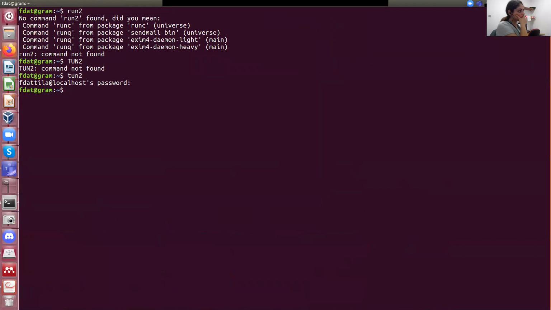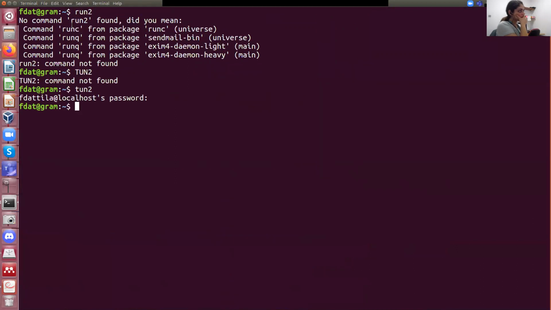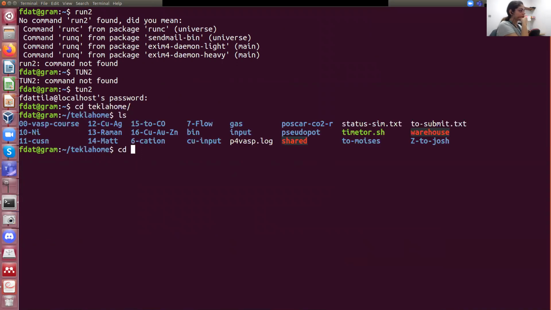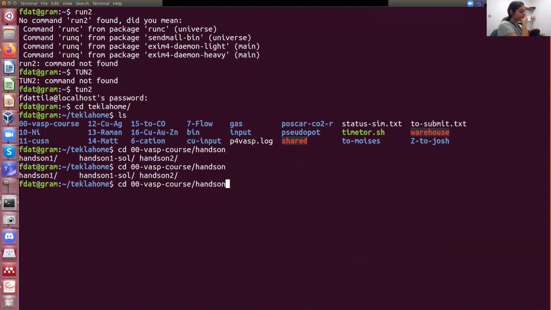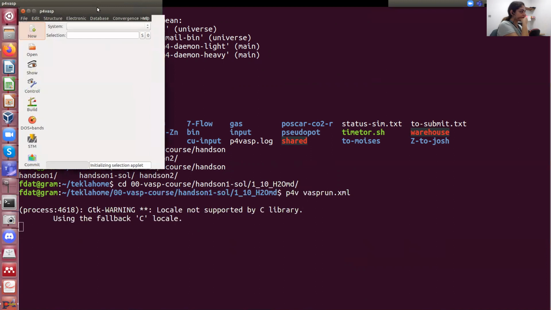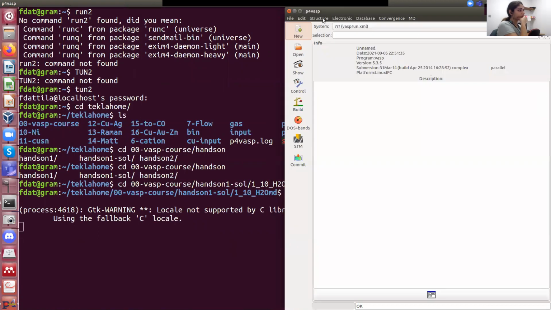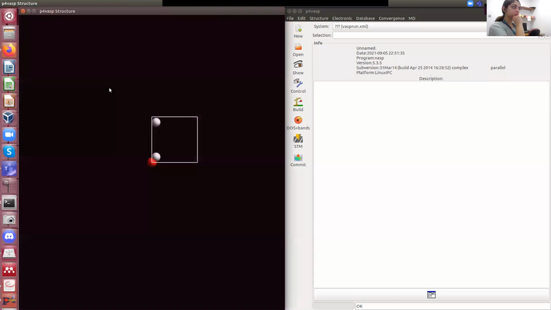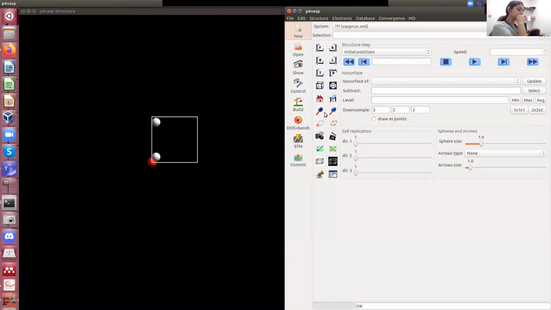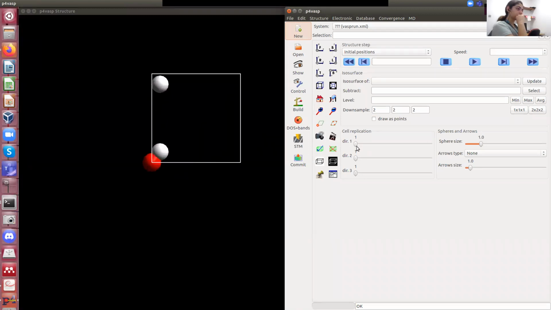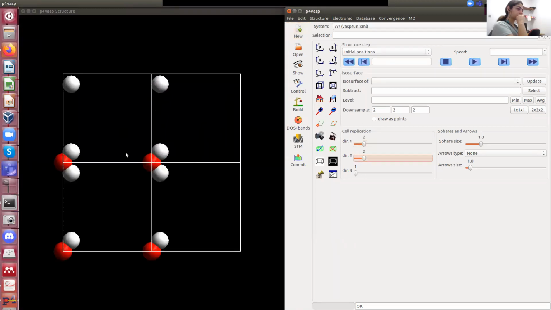Now if I enter the folder, in this case 00 and so on, one solution, here we want to see how our ab initio molecular dynamics of the water went. So this is our water molecules. Then we can multiply because remember it's periodic.